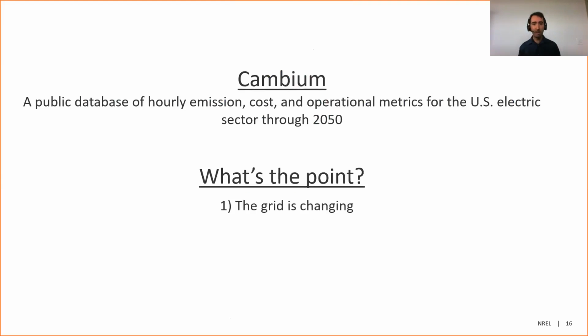The first thing, I really can't emphasize how important this is: the grid is changing. If you are trying to analyze a long-lived intervention that will last for a decade or 2 or 3 or more, and that thing interacts with the grid, then the grid will be changing underneath that thing.